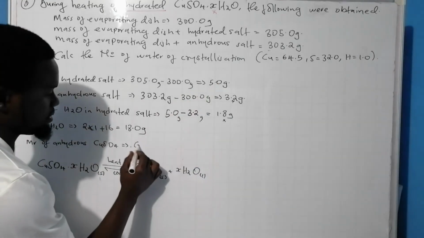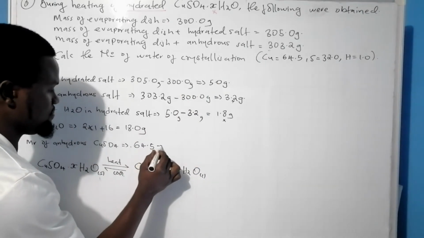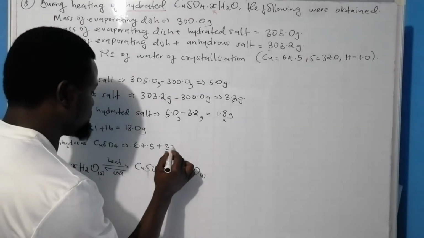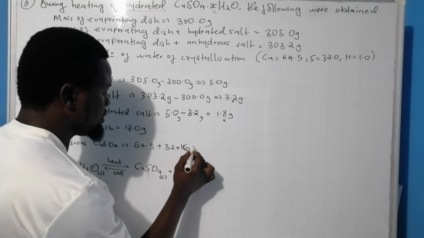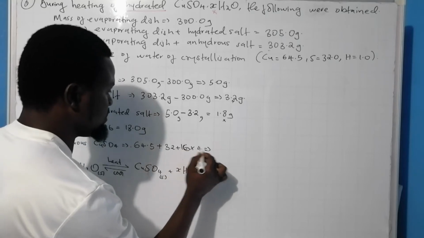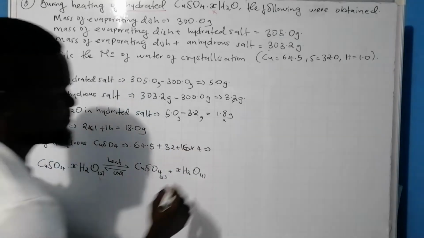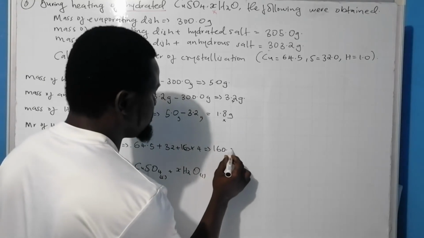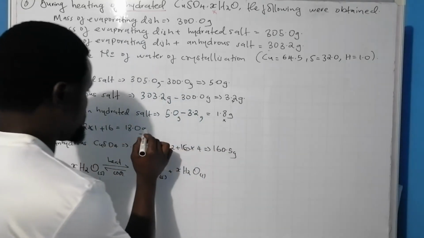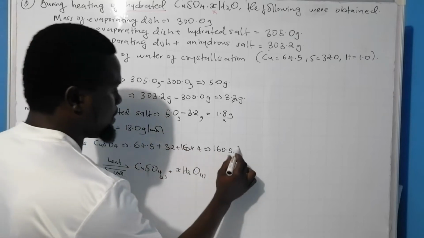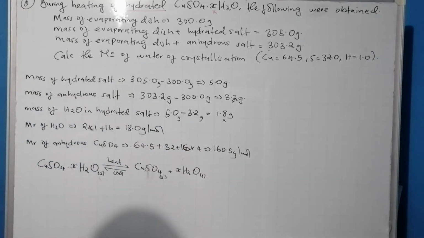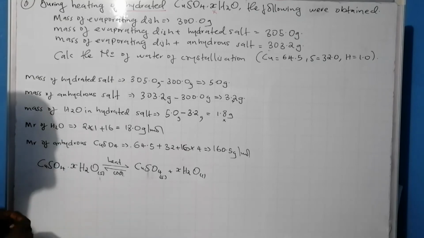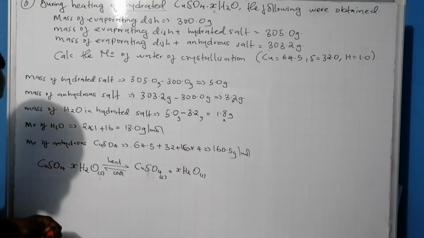Copper itself is 64.5 plus sulfur is 32 plus oxygen is 16 times 4, and the total will give me 160.5 grams per mole. So those are the molar masses of water and copper 2 sulfate.